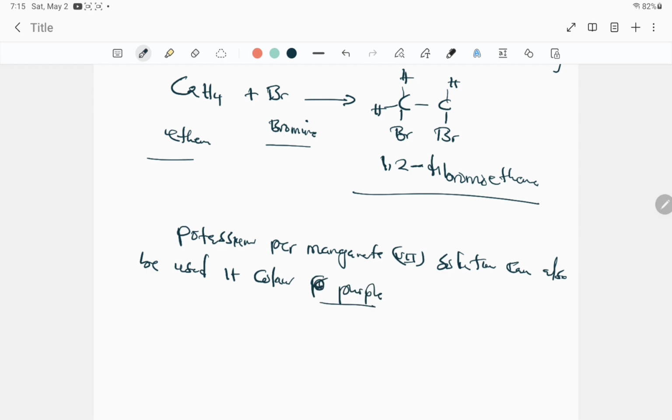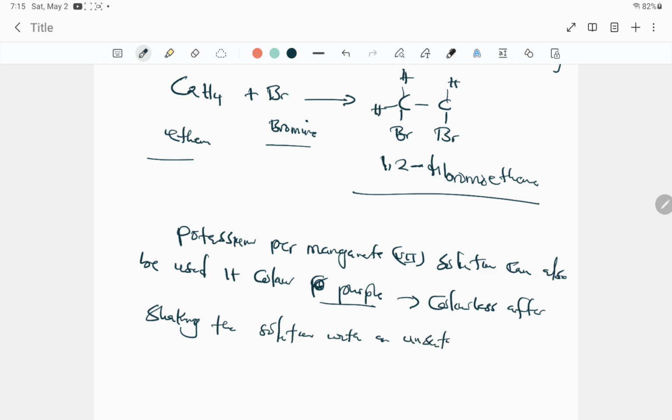After shaking it into alkenes, the purple color changes to colorless after shaking the solution with an unsaturated hydrocarbon.